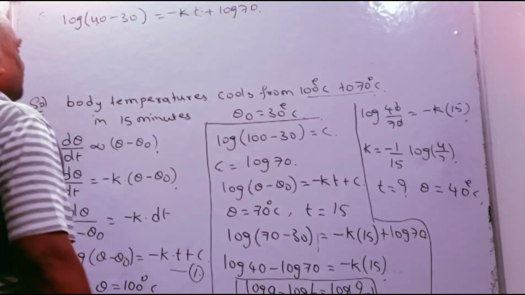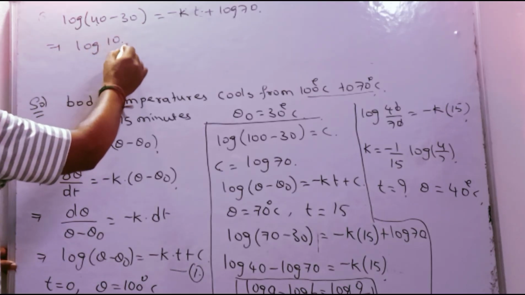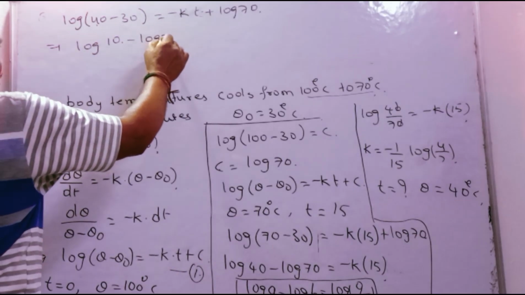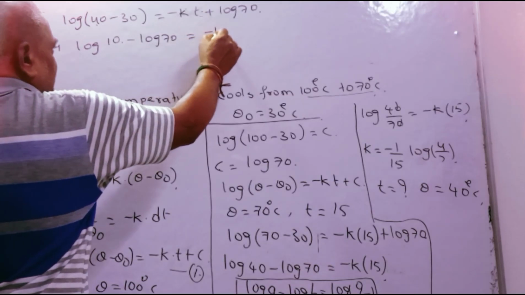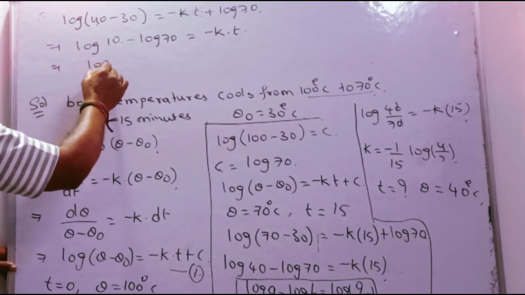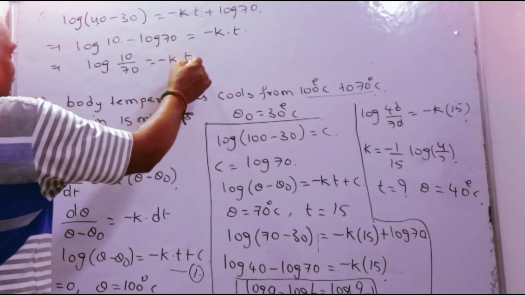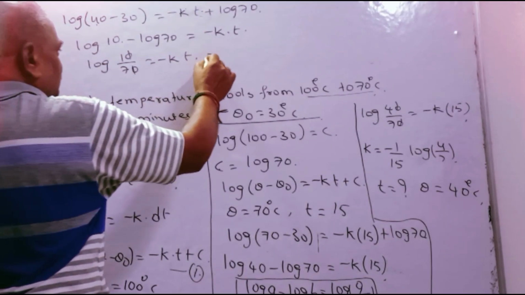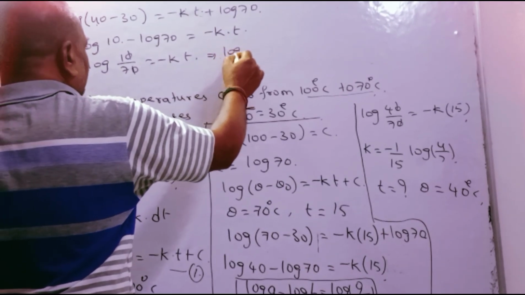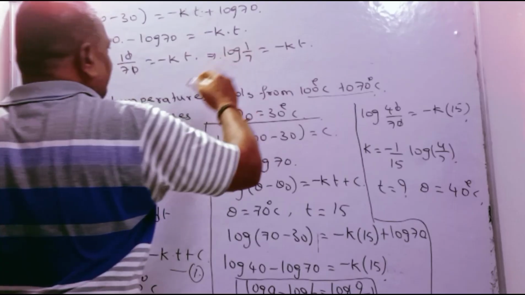So log 10 minus log 70 equals minus k into t. This is log of 10 by 70 equals minus kt, so log 1 by 7 equals minus kt.